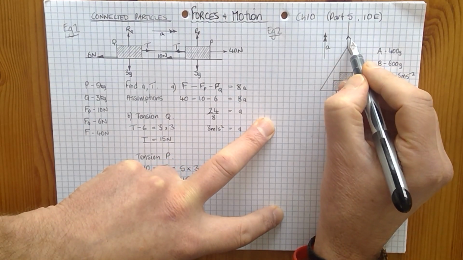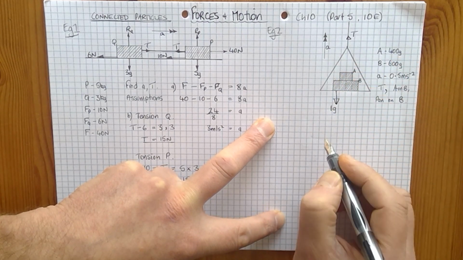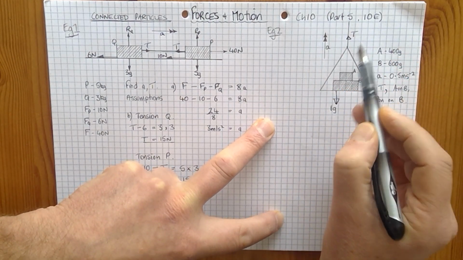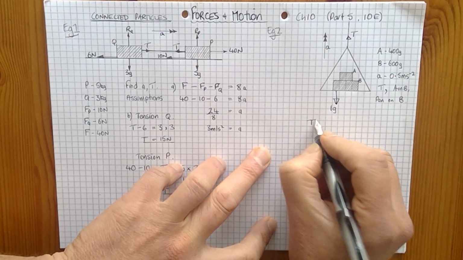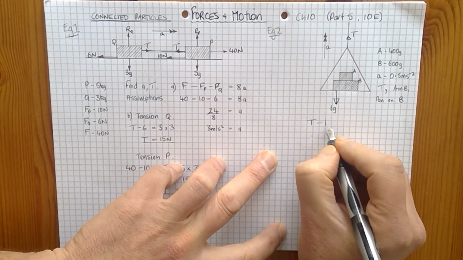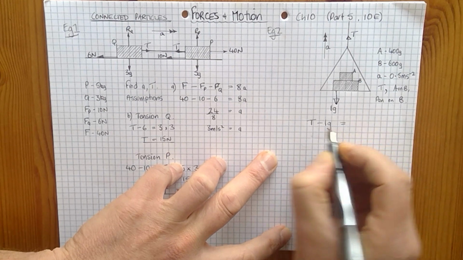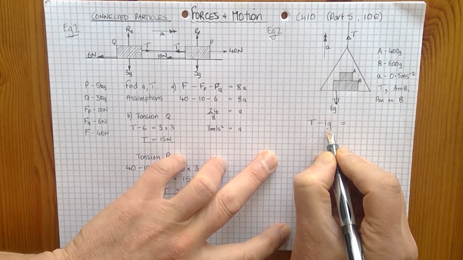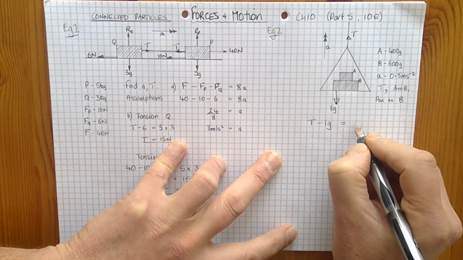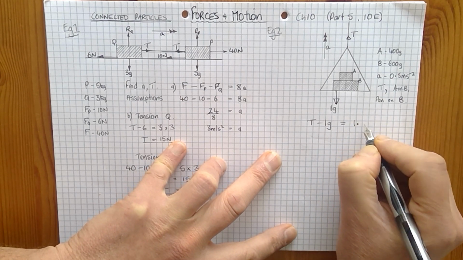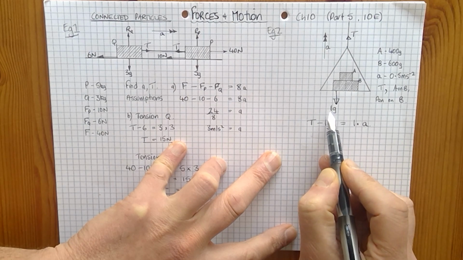I've got tension pulling up. As movement is upwards, let's take upwards as the positive. So considering the forces, I've got tension upwards, take away 1 G. So the force upwards, the force downwards. That resultant force has to give us the mass times the acceleration: 1 times A. The mass is 1 kilogram.